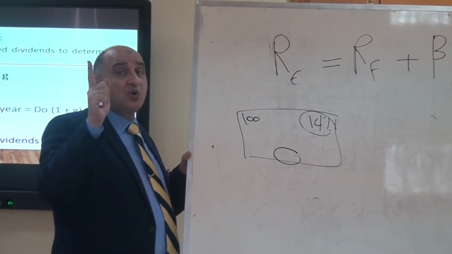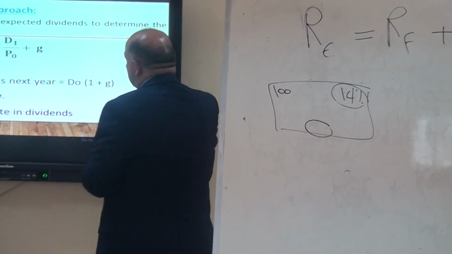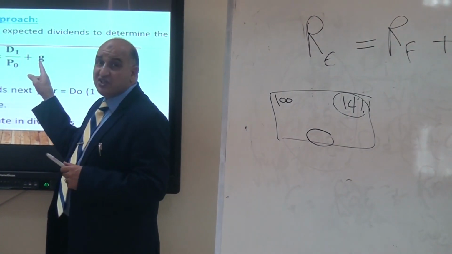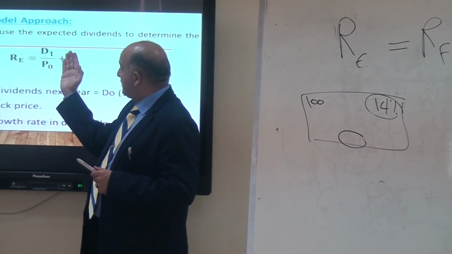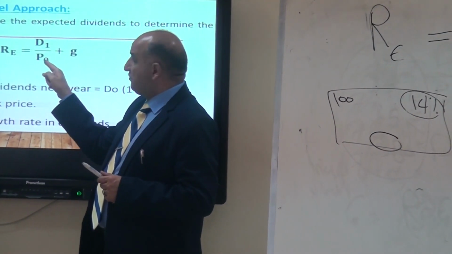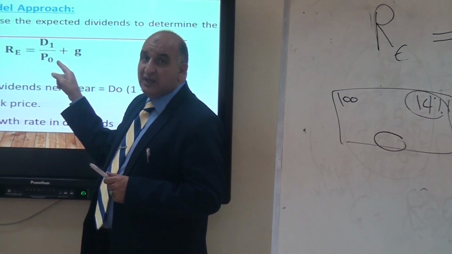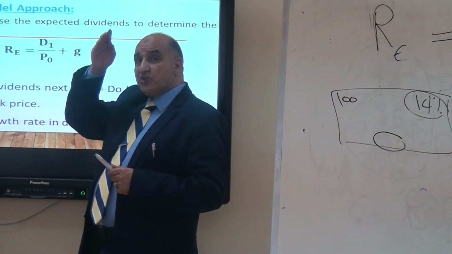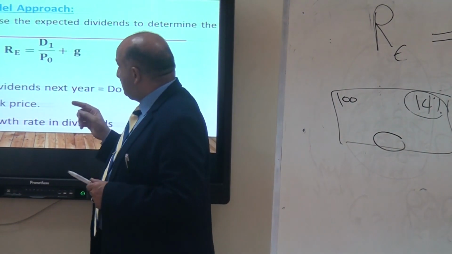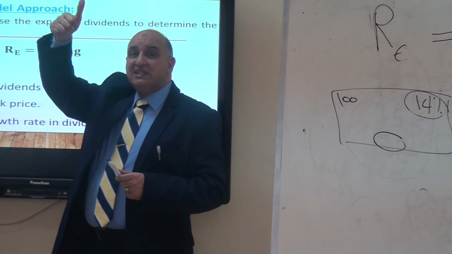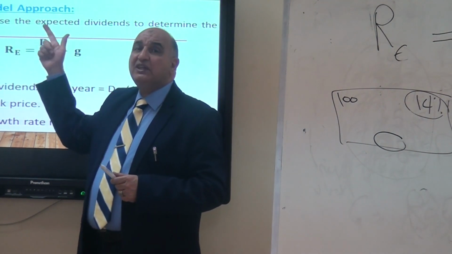If there is no growth, it means we will not have a G. So the equation will be D1 divided by P naught. And because there is no growth in dividends, in this case D0 equals D1.